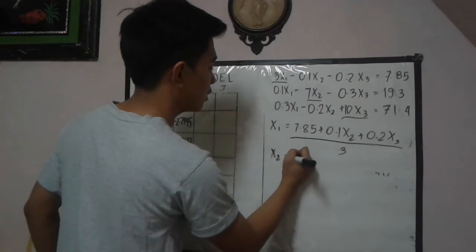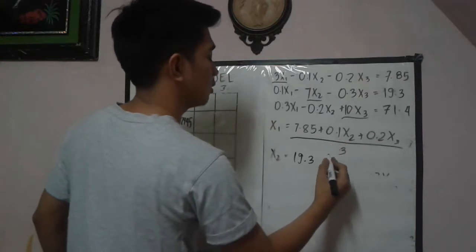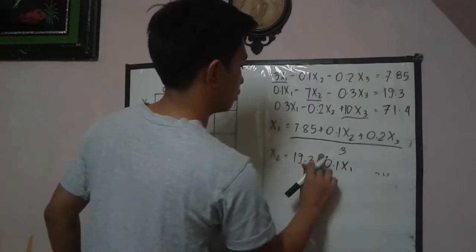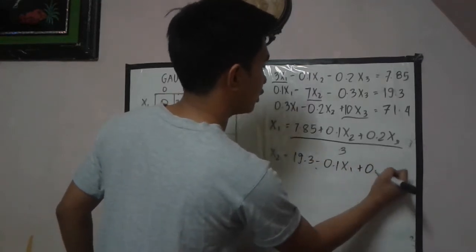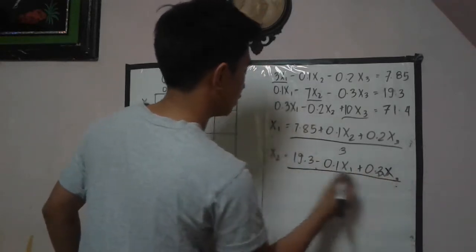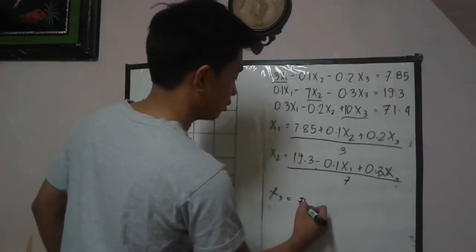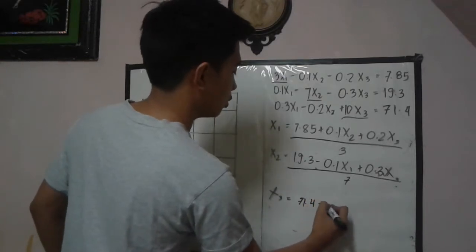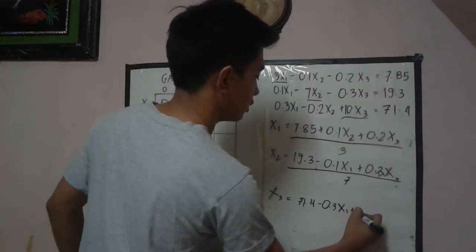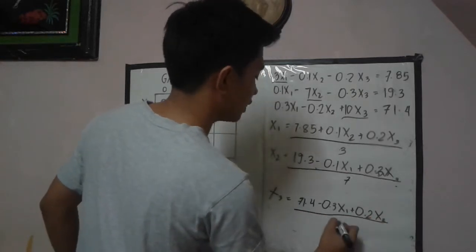Then x2 is equal to 19.3 plus 0.1 x1 plus 0.3 x3 over 7, then x3 is equal to 71.4 minus 0.3 x1 plus 0.2 x2 over 10.